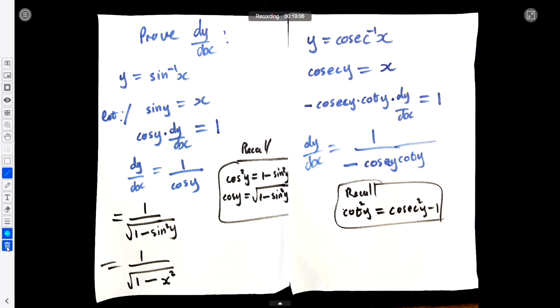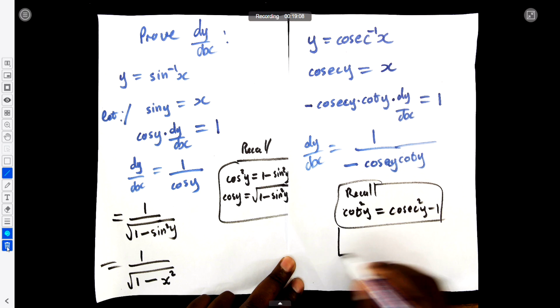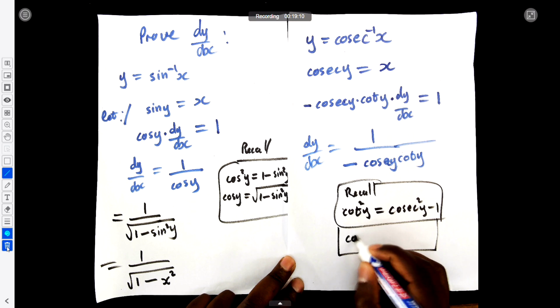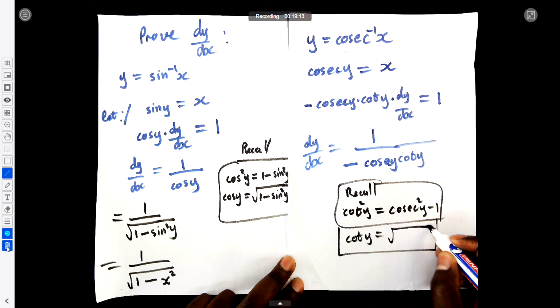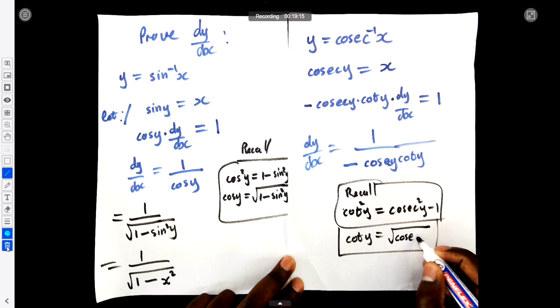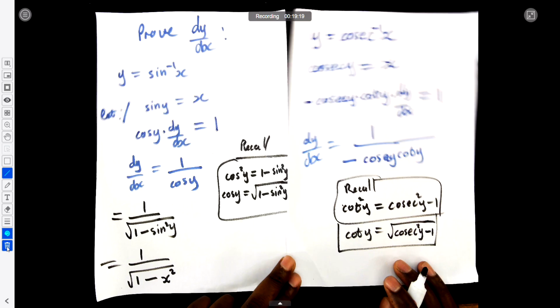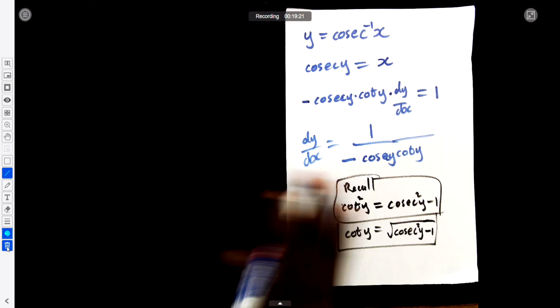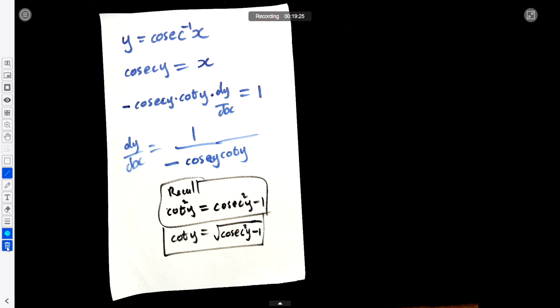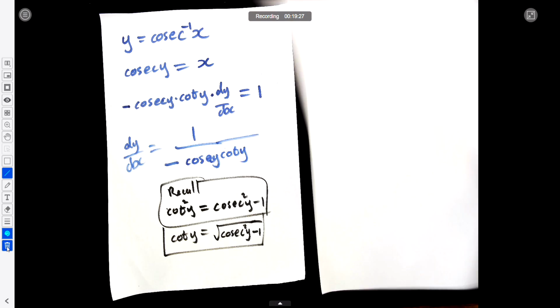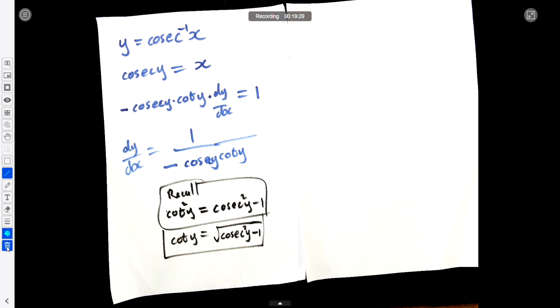After making cot squared the subject of the formula, putting the square root on both sides gets rid of the square. So we have the square root of cosec squared y minus 1. Therefore, we can replace the values of cosec y and cot y.